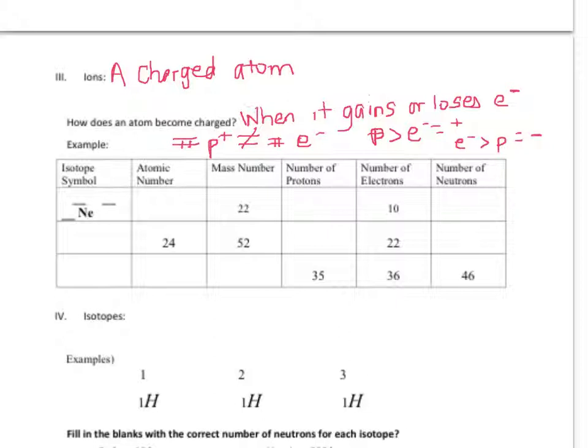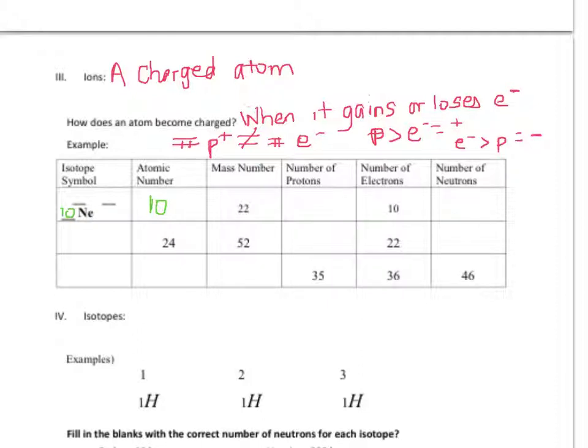Okay, so let's go ahead and fill in this table here now. We start with the isotope symbol. We're given the symbol of the isotope, so we have Ne. Look on your periodic table. You see that corresponds to neon. Find the atomic number of neon, which is 10. This goes here.